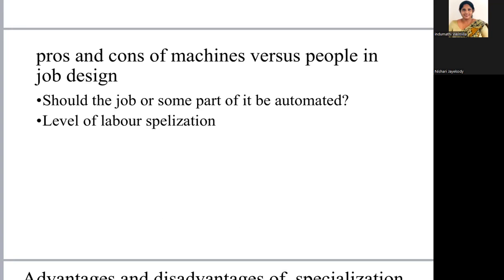When your company makes a decision about machines versus people in job design, support of the company's objective is the deciding factor. If a job is designed for people rather than machines, the next question is how specialized an employee should be.